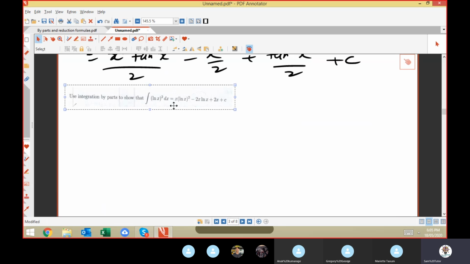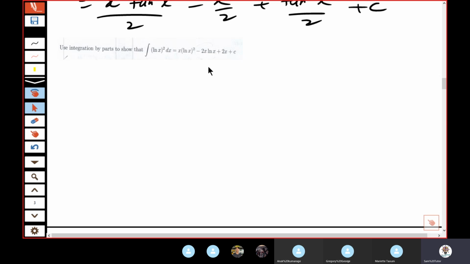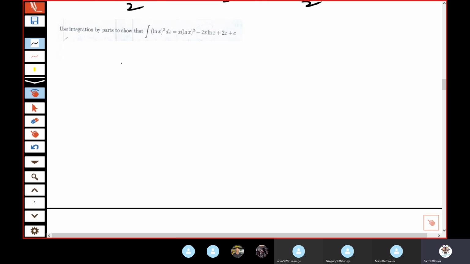We didn't do this one last week, did we? Should have crossed the questions out. All right. Use integration by parts to show the integral of ln x all squared dx becomes this.